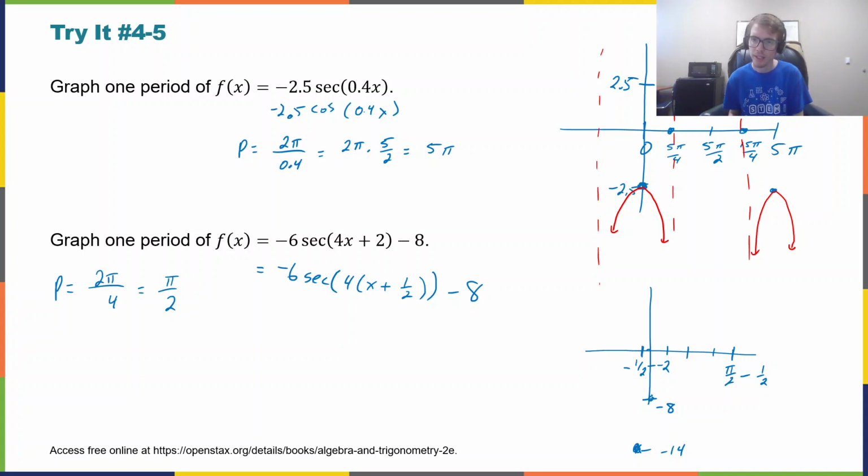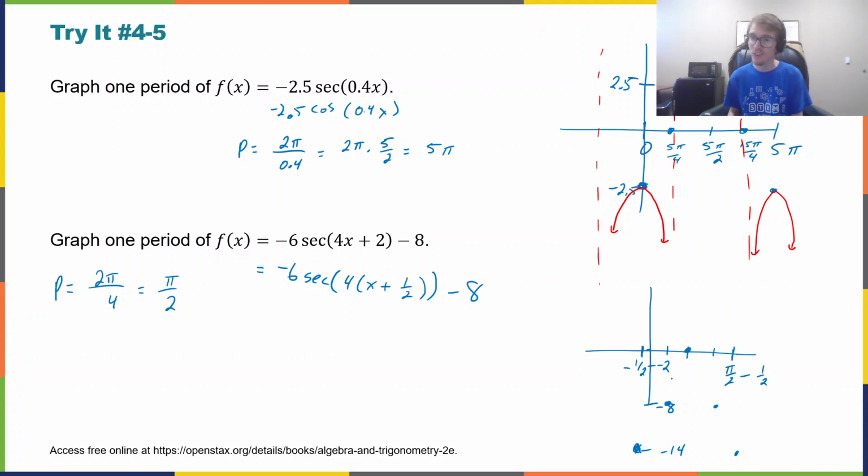Go to a midline at negative 8. Midline at negative 8. That is at this tick mark right here, to a peak, to a midline, to a trough.